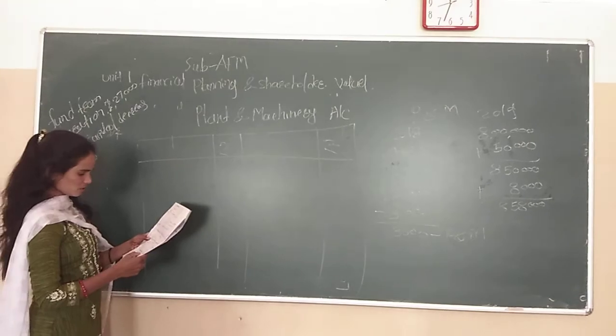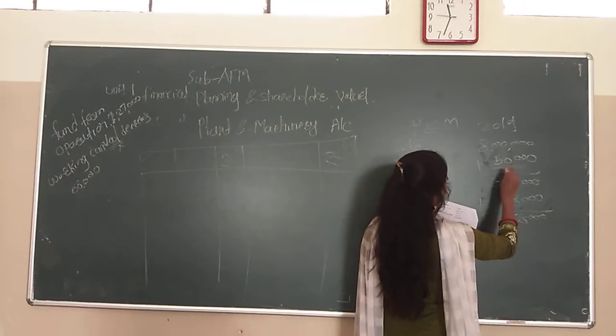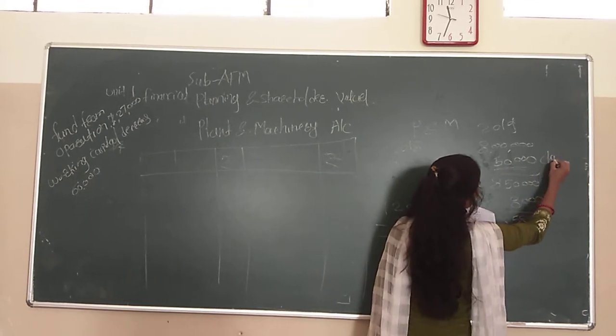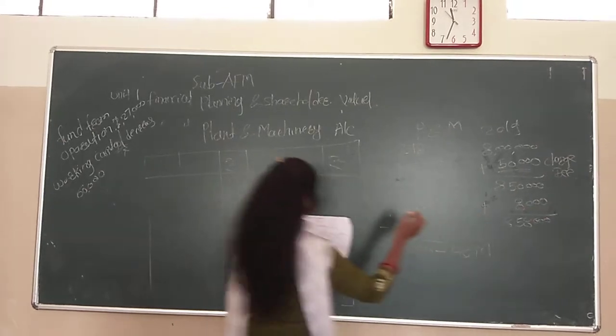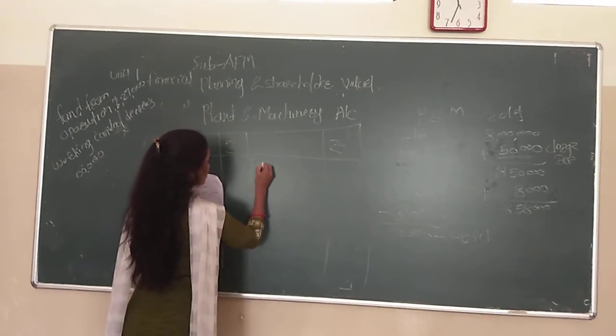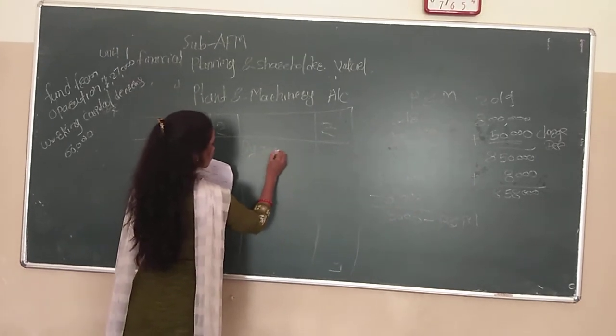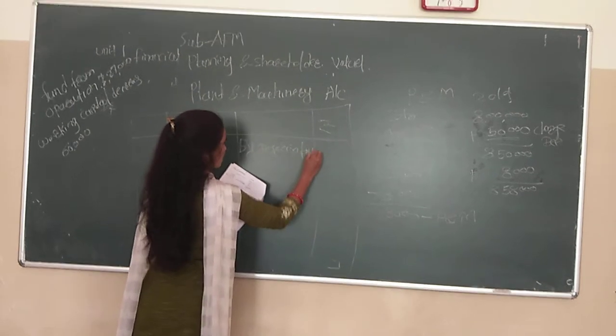On this side, by depreciation, the depreciation charged, 50,000.